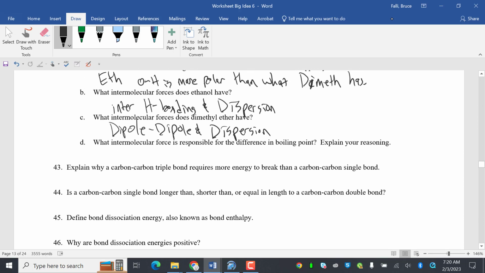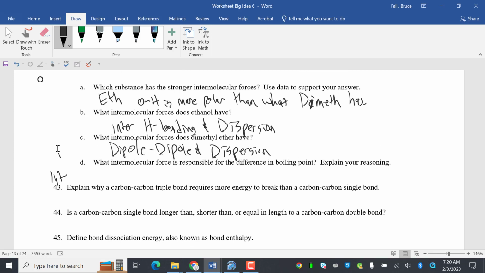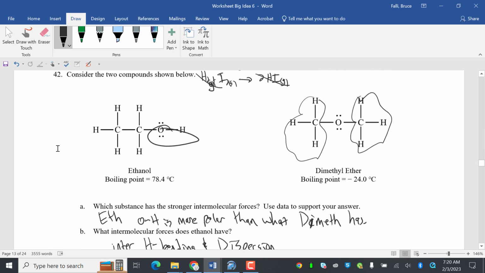What intermolecular force is responsible for the differences in boiling point? Explain your reason. So it's going to be intermolecular because C to H or C to O bonds don't break. So if this was a mixture, I should read it again.